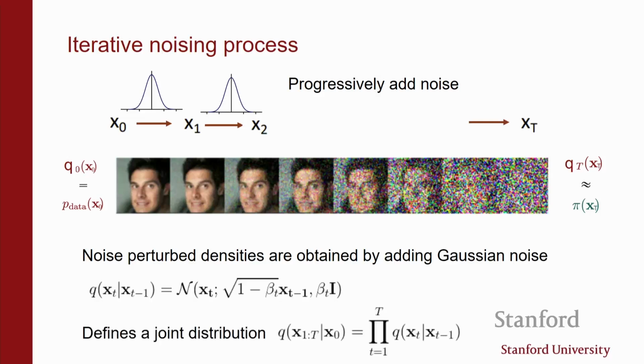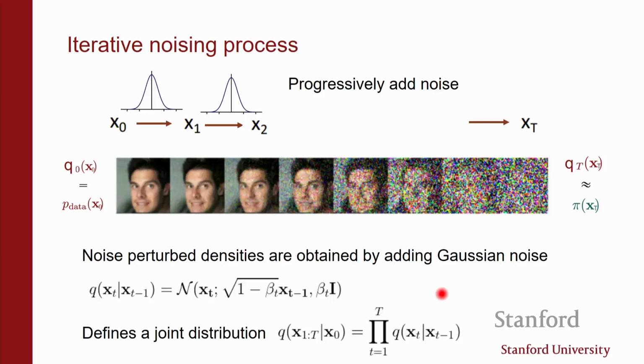And this basically defines a joint distribution. So given an initial data point x0, there is a joint distribution over all these random variables, x1, x2, all the way through xt, which is just the product of all these conditionals, which are just Gaussians. So that defines a joint.